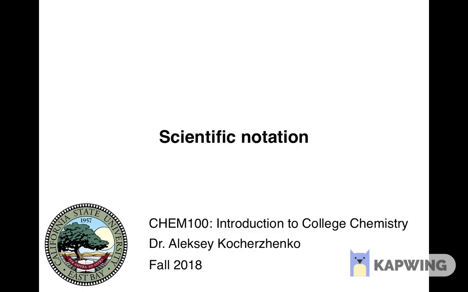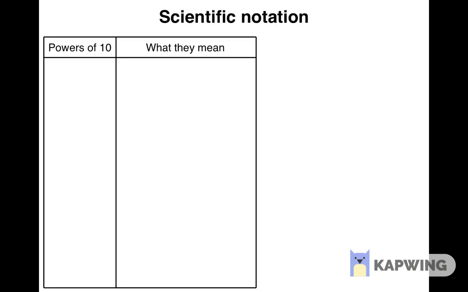Writing out numbers of that magnitude explicitly is inconvenient, so we use what is called scientific notation. To understand how scientific notation works, we first need to understand the powers of 10. A positive power of 10 denotes a product of as many tens as the number indicating the power, called the exponent.